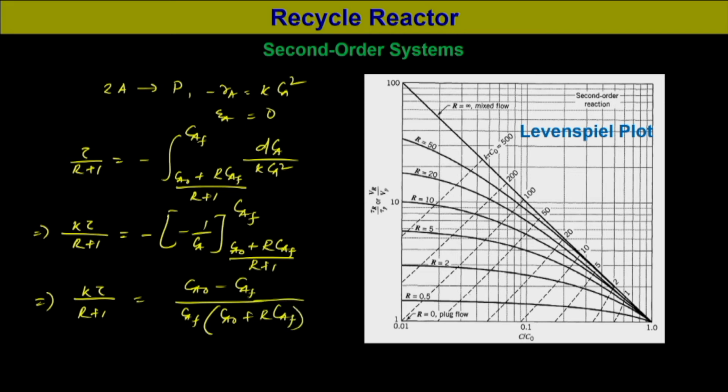Similar to the first order reaction, we can also take the ratio of the volume required between the recycle reactor and the plug flow reactor, and we can see that if we change the recycle ratio, when the recycle ratio is less, it behaves like a plug flow reactor. When it is high, it behaves like a mixed flow reactor.